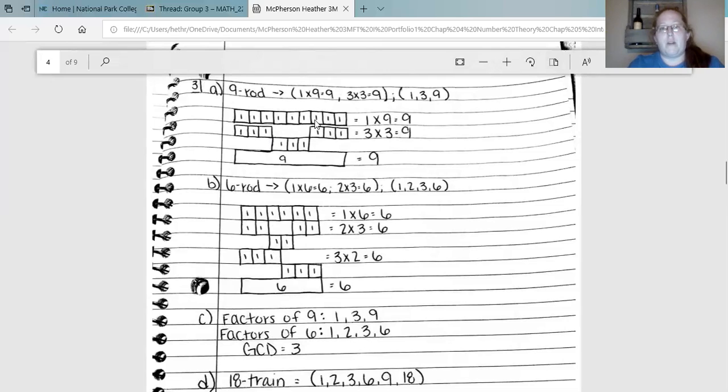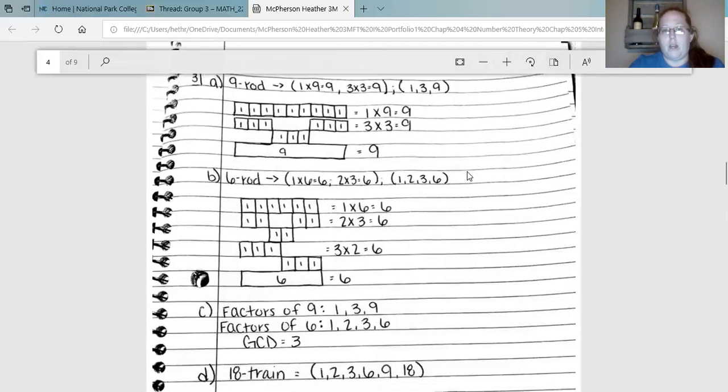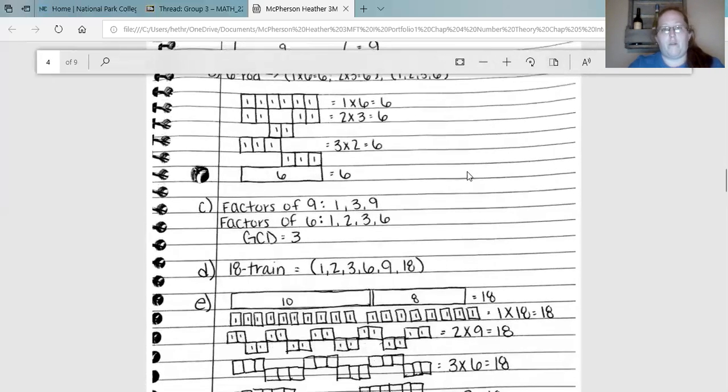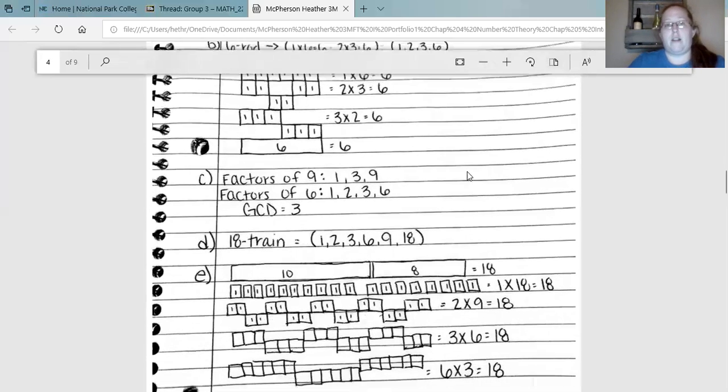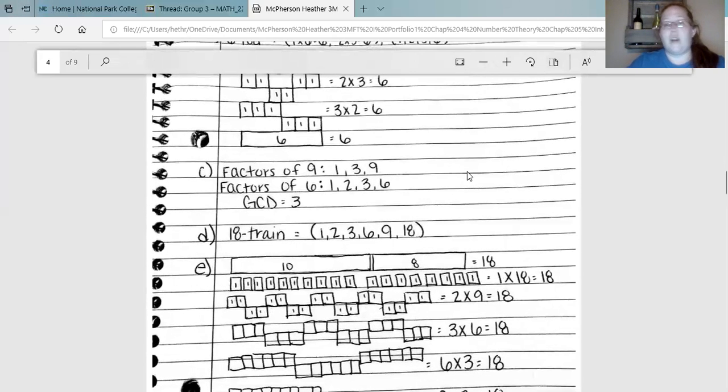So you can see where it's drawn right here, 1 centimeter blocks times 9, and a 9 centimeter block times 1. And 3 by 3 equals 9. You can continue to do that with any number to find the train or just the rods to make that problem.